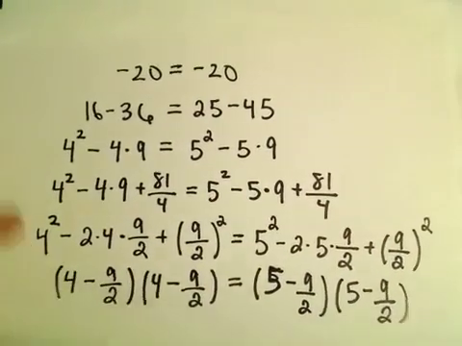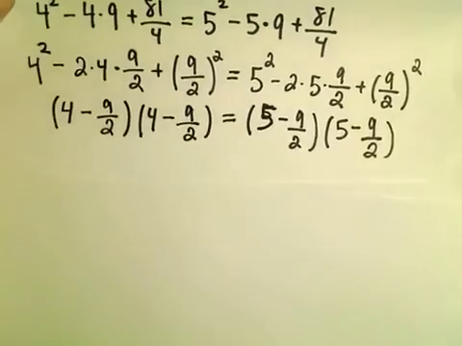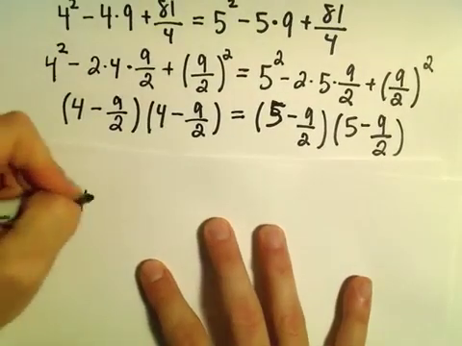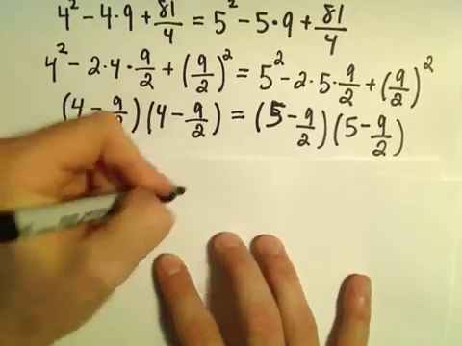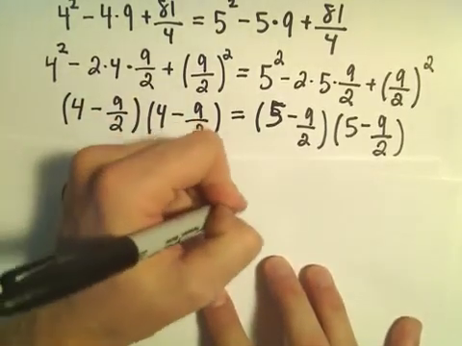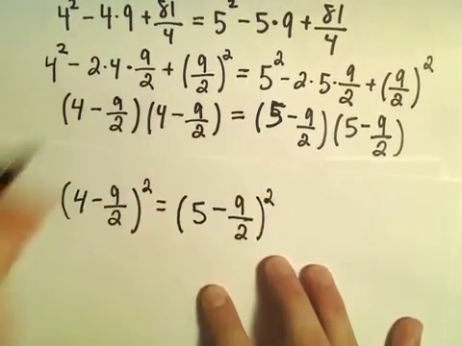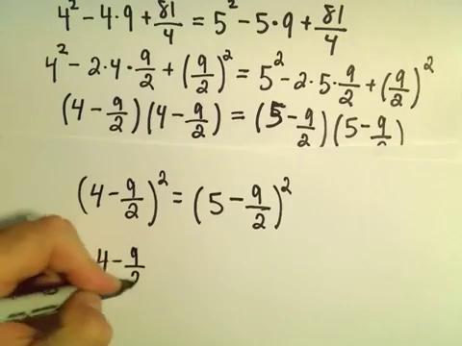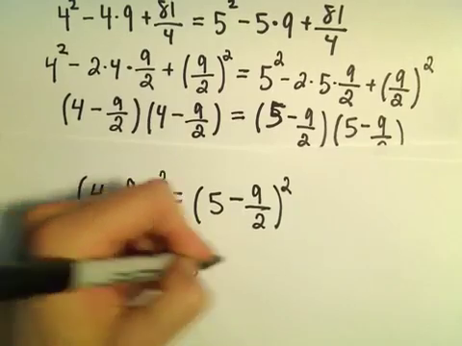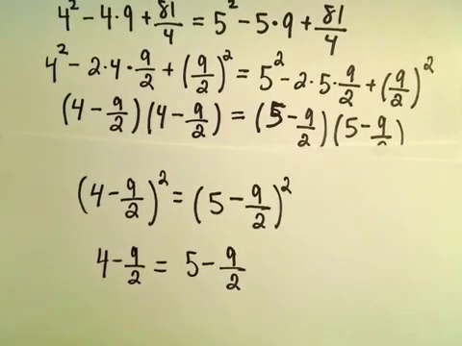Alright, well, what that tells us is 4 minus 9 over 2 squared equals 5 minus 9 over 2 squared. And now, that means 4 minus 9 over 2 equals 5 minus 9 over 2.